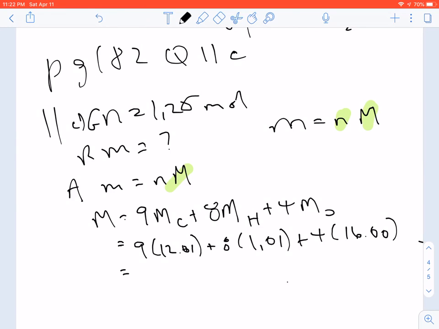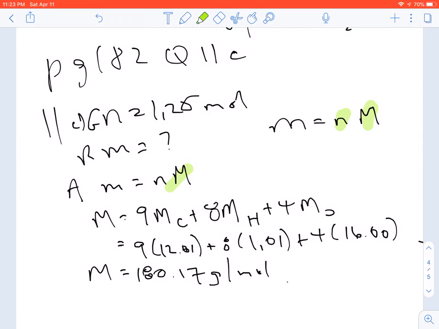So my molar mass, let me do the calculation here. 180.17 grams per mole. So there's my big M. There's my molar mass for aspirin.